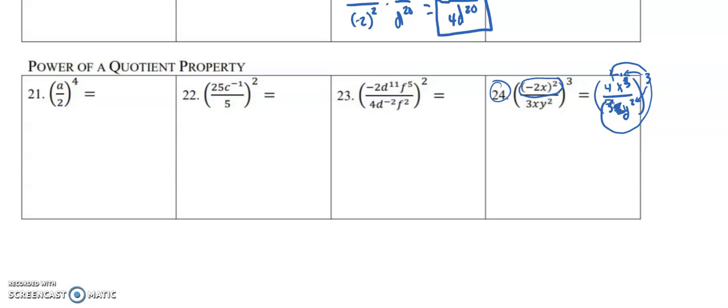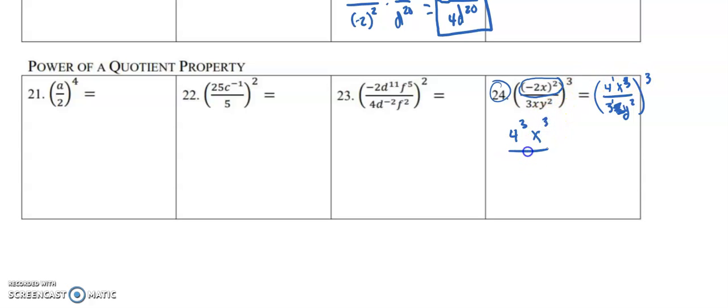That's getting really messy. I don't think that's the best way to do it, but so that'll be 4 to the third. It was x to the second, but I canceled one, so it's x to the first, then to the third power.